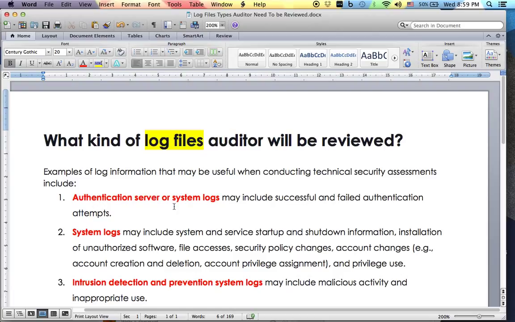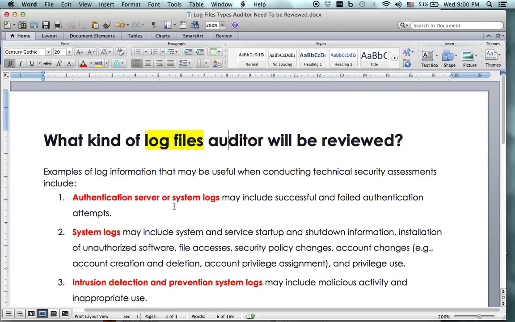The auditor reviews this log purposely to obtain what is a successful or failed authentication attempt by unauthorized access. For example, the proxy server or domain controller or some other related authentication system that has an interdependency with the main system.